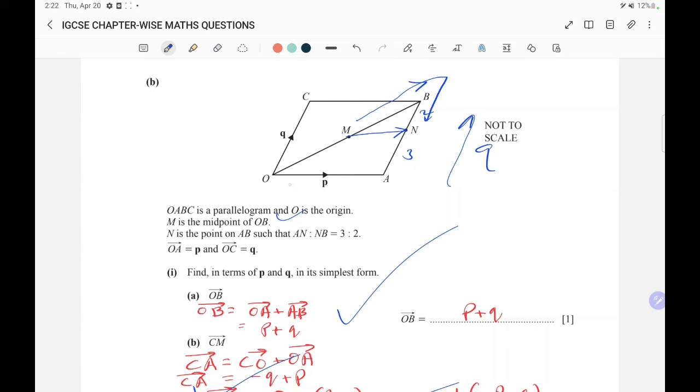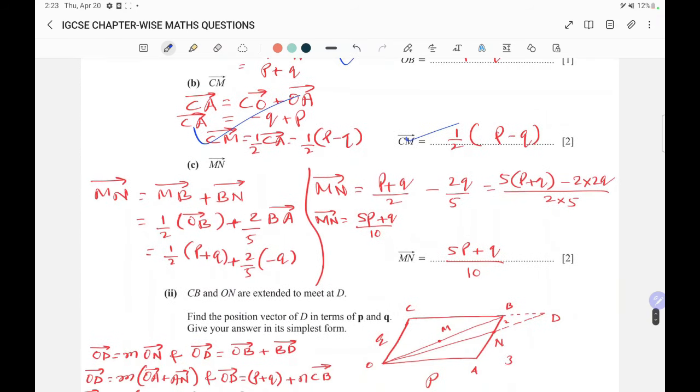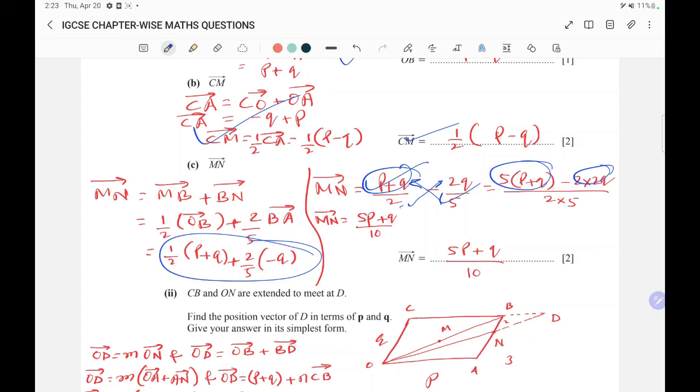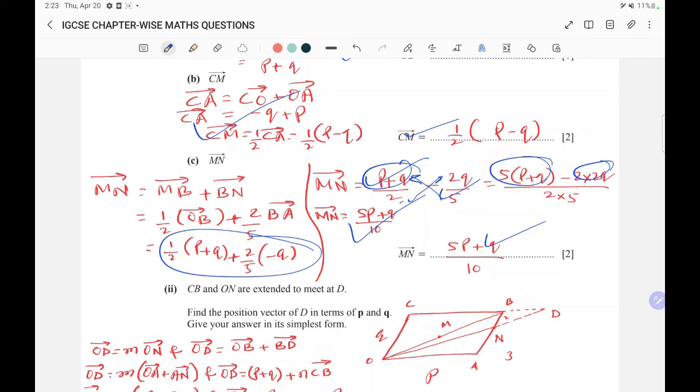So MB: OB is P plus Q, so MB will be (P plus Q) by 2, and BN will be 2 over 5 of minus Q. Just calculate this. Now you will get (P plus Q) by 2 minus 2Q over 5. Now cross multiply: 5 times (P plus Q) and 2 times 2Q with the minus sign. So 5P plus 5Q minus 4Q, so 5P plus Q over 10.